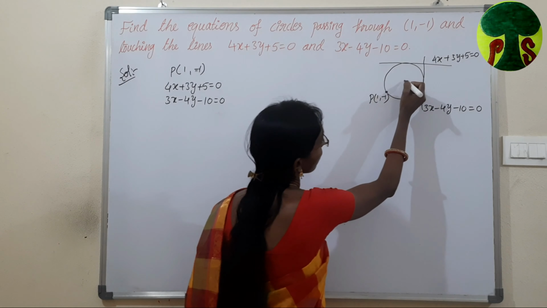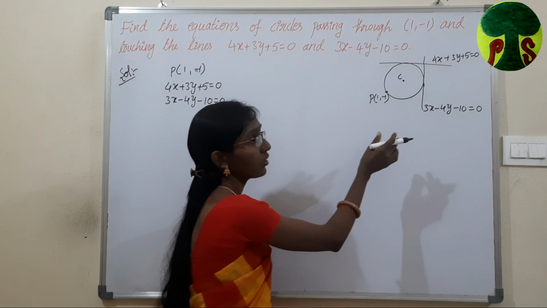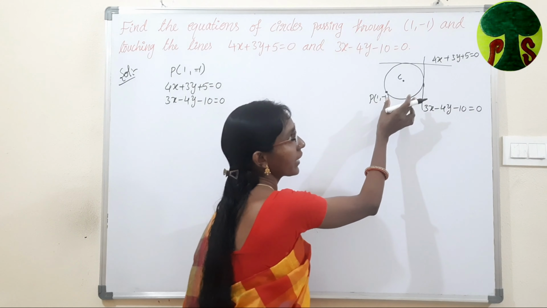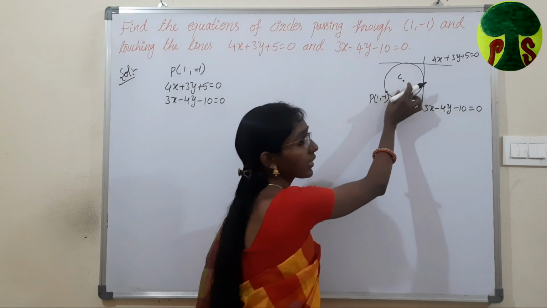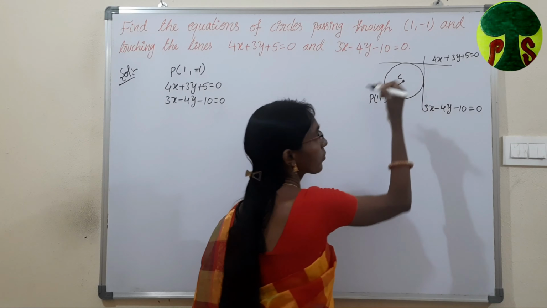Now let us consider the center as capital C. If you observe from the figure, the radius of the circle is the distance from the center to this point. This is the radius of the circle.